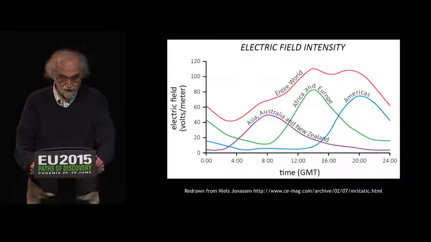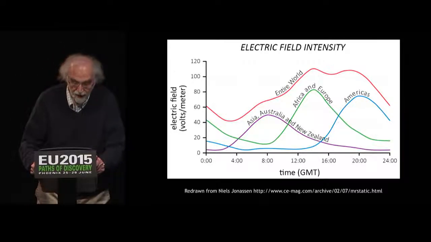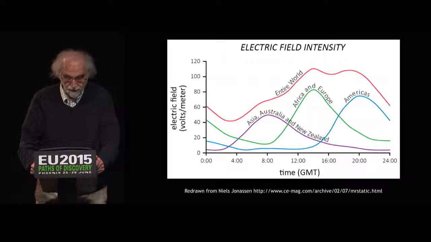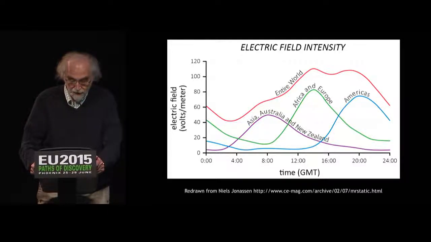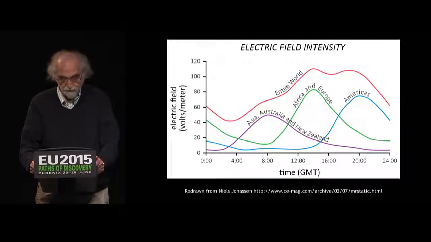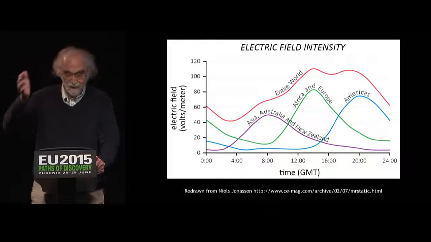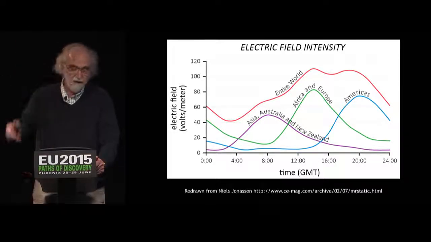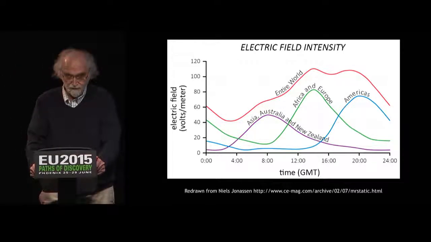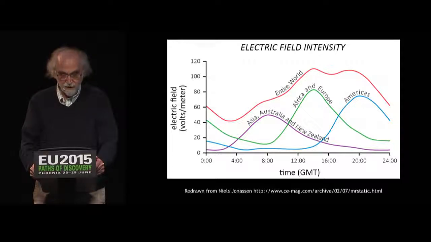Look at the oscillation. So first look at the middle one, Africa and Europe, and you can see that the peak occurs roughly 2, 3 p.m. around Europe, just when the sun has been around for a while, high in the sky, maximum evaporation, all those positive charges high. So you can see that the electric field there is very high.